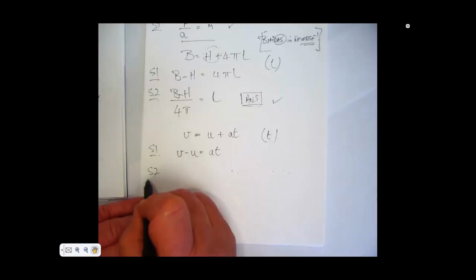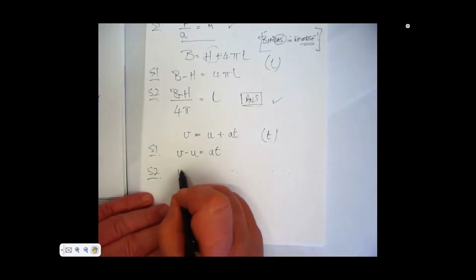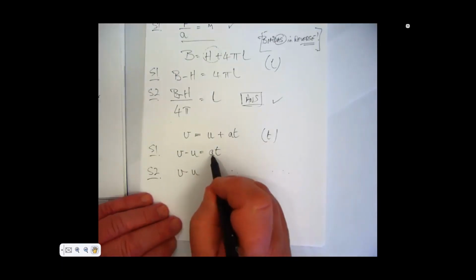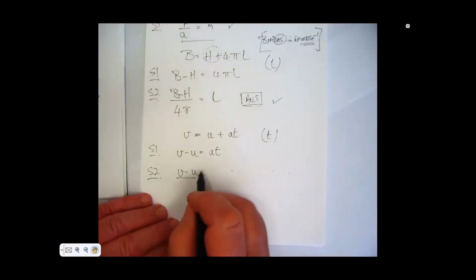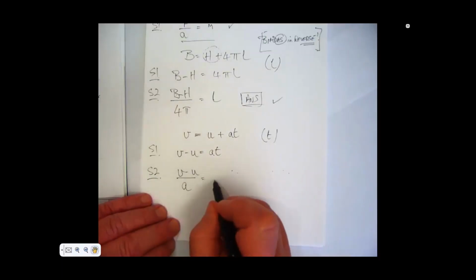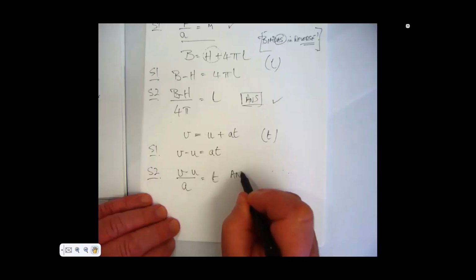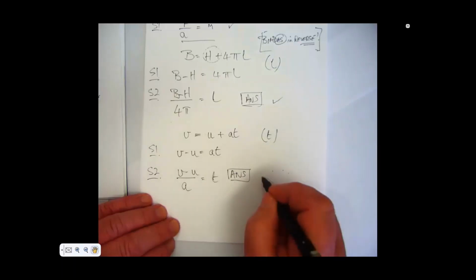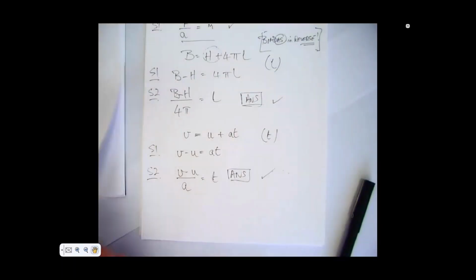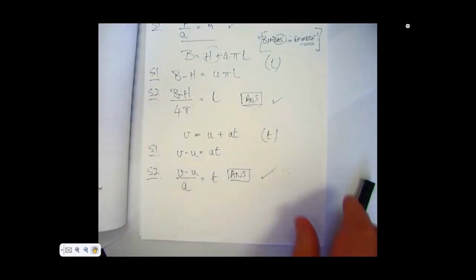And the next step, v minus u, I don't want the a, which is multiplied on this side. Take it across so it'll divide out on this side. And finally, in the very end, we have the answer at the bottom of page 6, which is the correct answer. Following the rules of BIMDAS, you must do it in reverse. Okay, as long as you do that, you'll be all right.